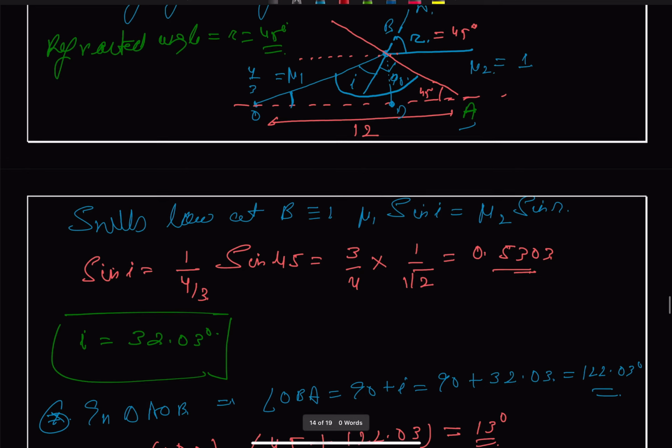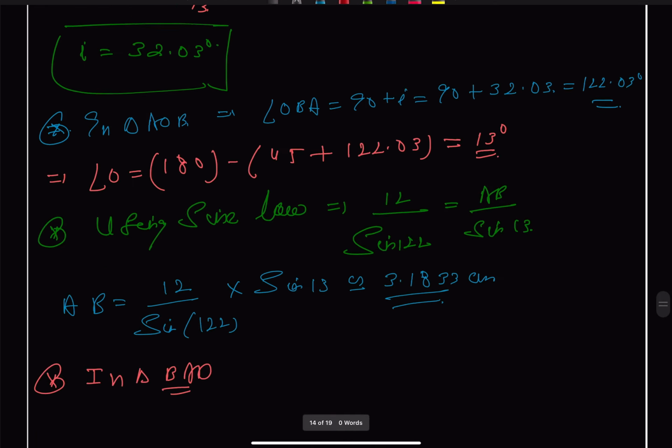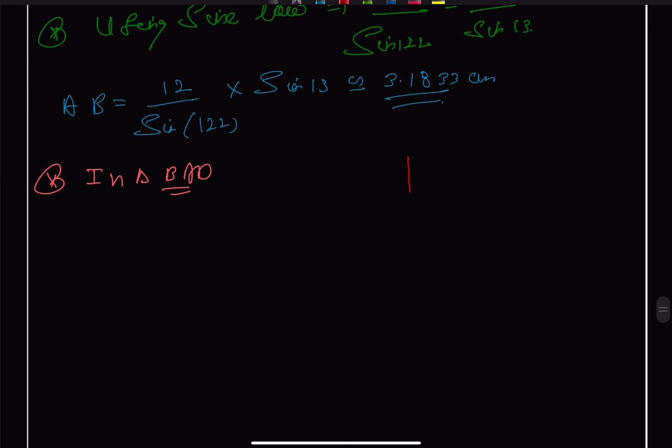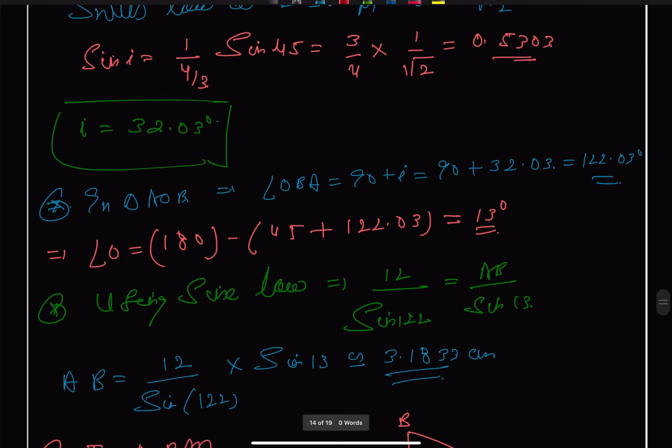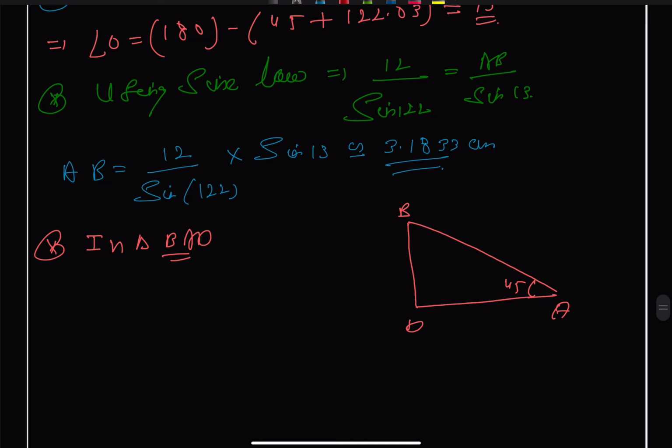Let me draw it here. So this is A, B, this is D and A, and we have this angle as 45, and we already found out AB. So based on this we can find our BD.